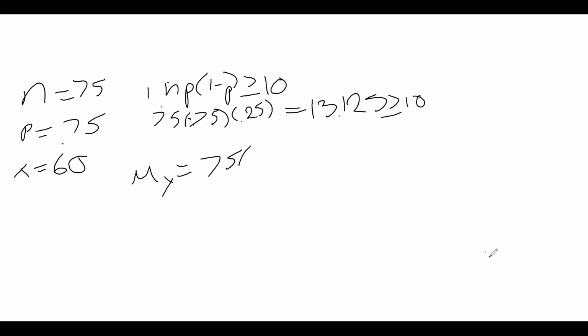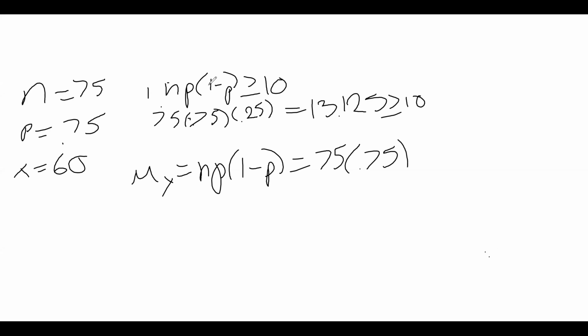Okay, so where did I write? Let's erase. Okay, so it's going to be np times 1 minus p, which equals 75 times 0.75 times 0.25, which we just found.